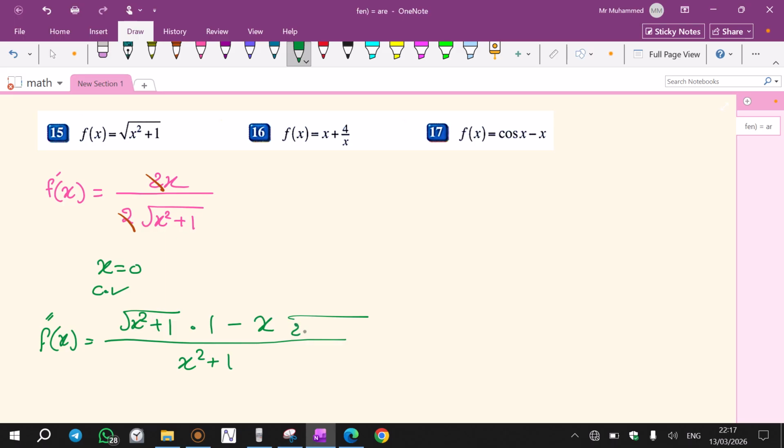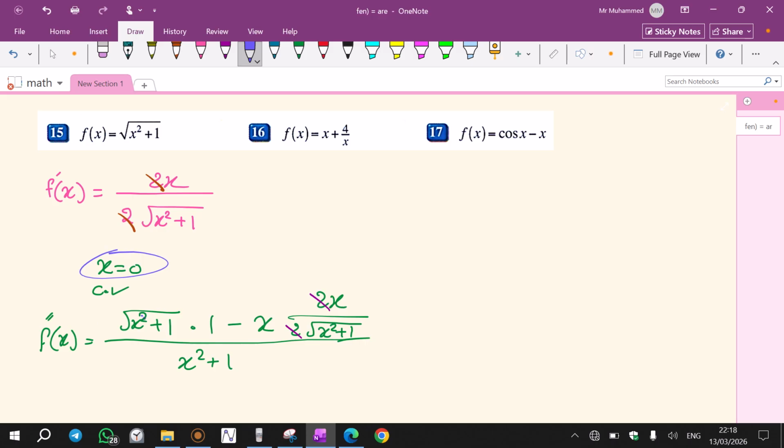That's radical, so 2 radical goes down. Derivative of inside is 2x goes up. Now 2 cancels 2, but I don't really waste time on simplifying. You know why? Because there is a value goes in place of x, then no need to simplify.